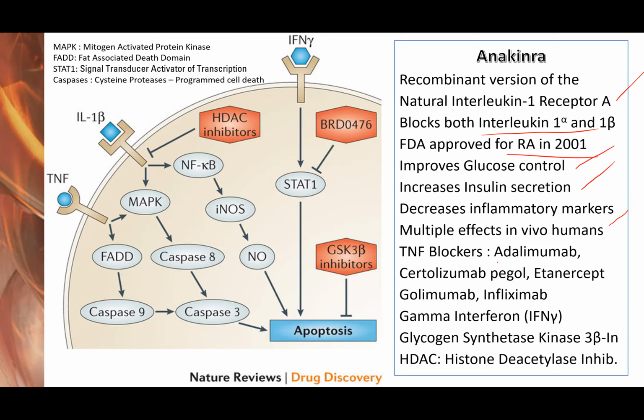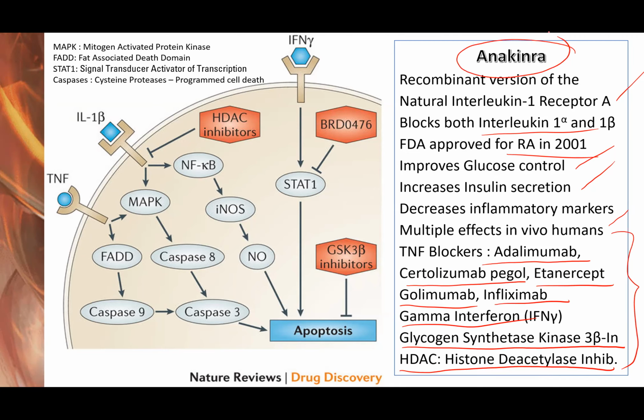TNF blockers like adalimumab, certolizumab pegol, etanercept, golimumab, infliximab, gamma interferon, and glycogen synthase kinase 3B inhibitor, and histone deacetylase inhibitor. All are under trial. What are these? Anakinra is already tested and will come into the market.